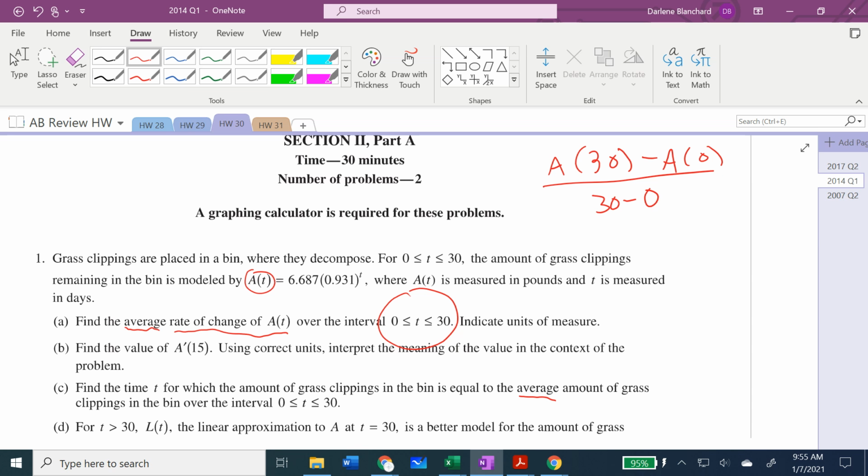But what's going to be even faster for you than that is you could actually put in this entire expression in your calculator. So you could do parentheses and then go to your vars, y vars, enter, put in 30, end the parentheses, and then minus, and then do it again with vars, y vars, get the y1 out there, but put a parentheses with a 0.